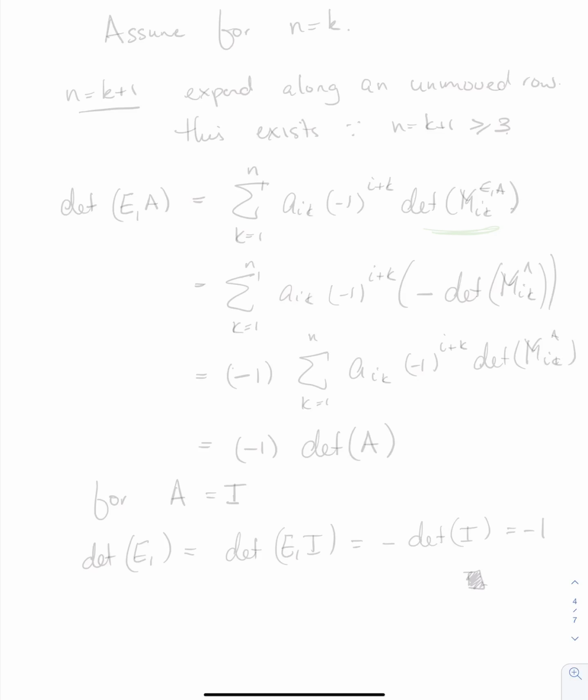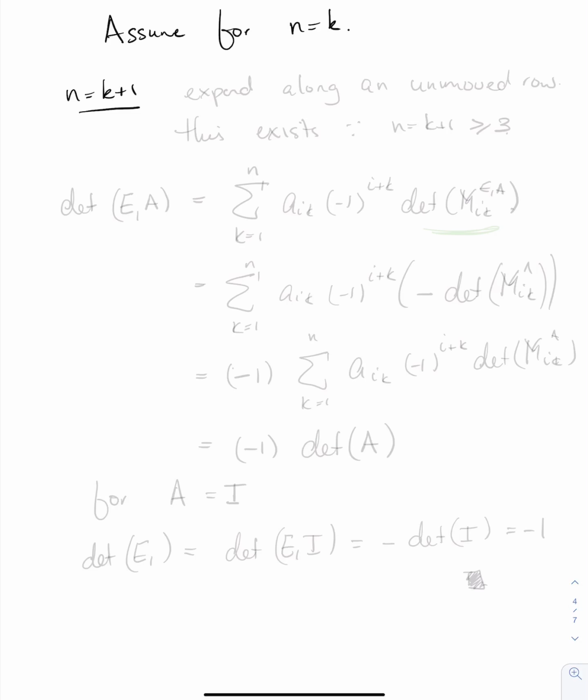For our inductive hypothesis, we're going to assume this holds up to K by K matrices. And then in our inductive step, we will prove that it holds for n equal to K plus 1, as in K plus 1 by K plus 1 matrices.